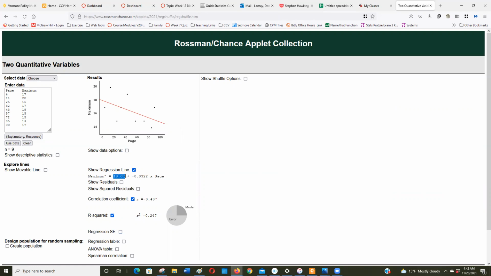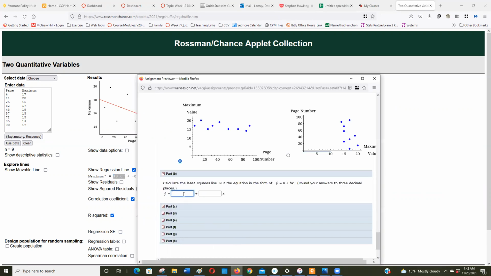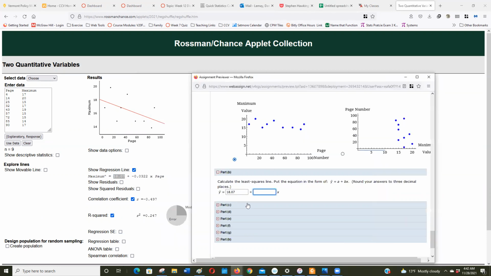Now the only trouble is, is that going to be enough decimal places? I don't know. Let's find out. 18. And then what's the y-intercept? Round to 3 decimal places. I might not like it because I don't have 3 decimal places. But we'll see. I can always go into the spreadsheet and do it that way too.